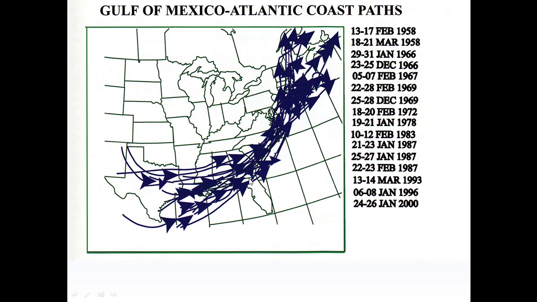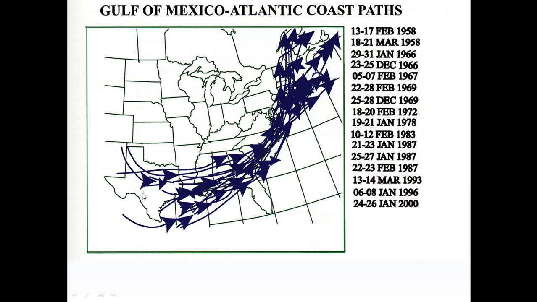It crosses over the state of Florida and Georgia and actually redevelops and intensifies, becomes a little bit stronger off the coast of South Carolina, Georgia area. It then follows the jet stream up the east coast and impacts southern New England before continuing into northern New England or into the Canadian Maritimes.